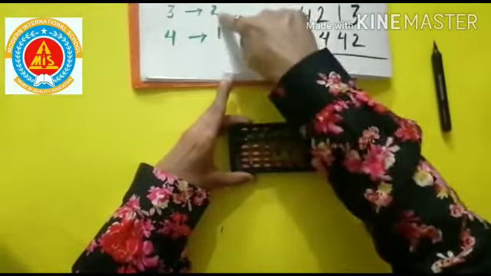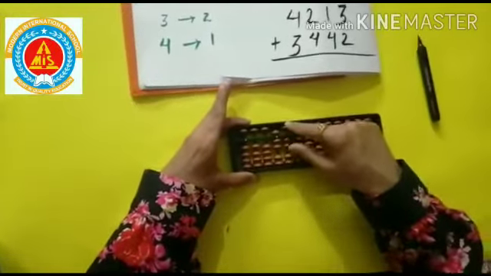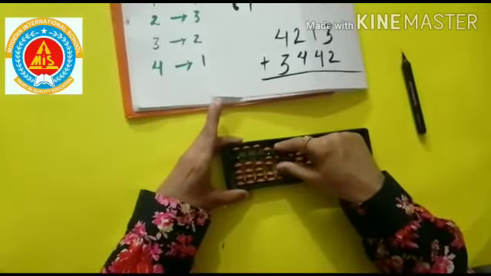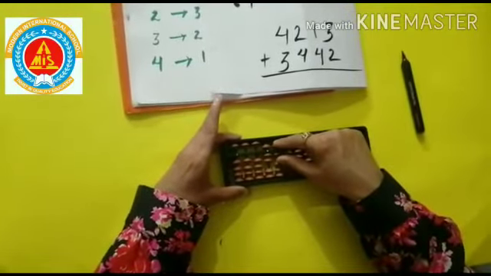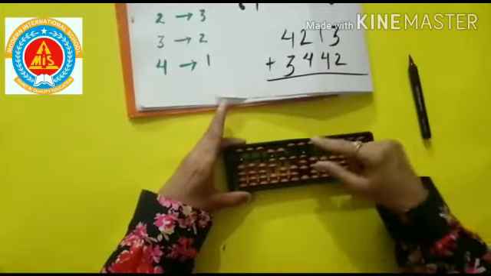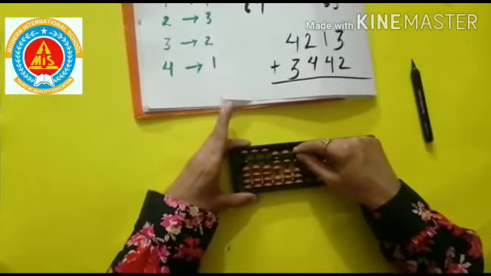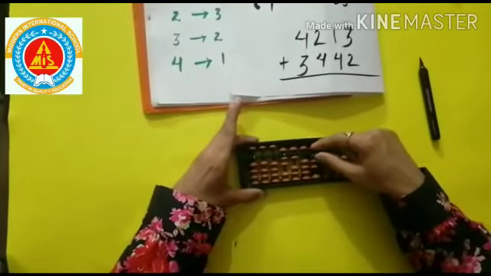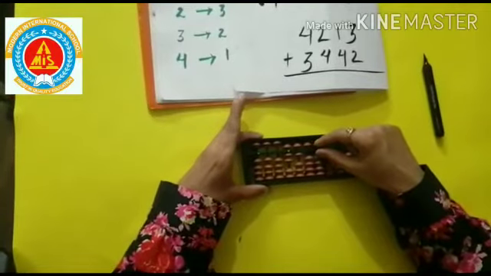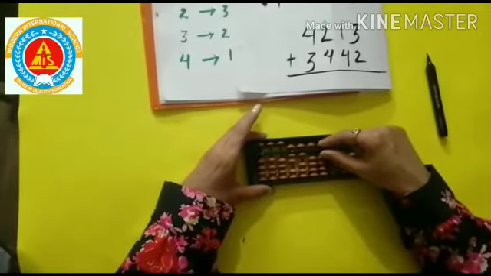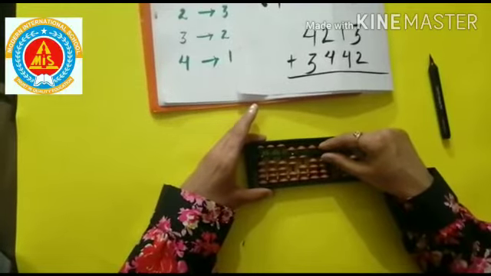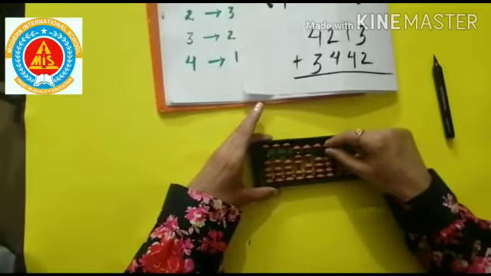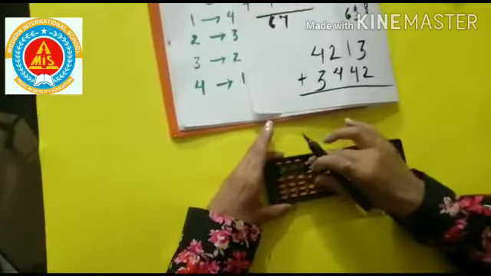Friend of 3 is 2. 4: not enough beads here, so add the boss 5 less the friend 4. Friend of 4 is 1. Same, add the boss 5 less the friend 4. Add the boss 5 less the friend 2. Friend of 2 is 3. So what will be the answer? The answer will be 7655.